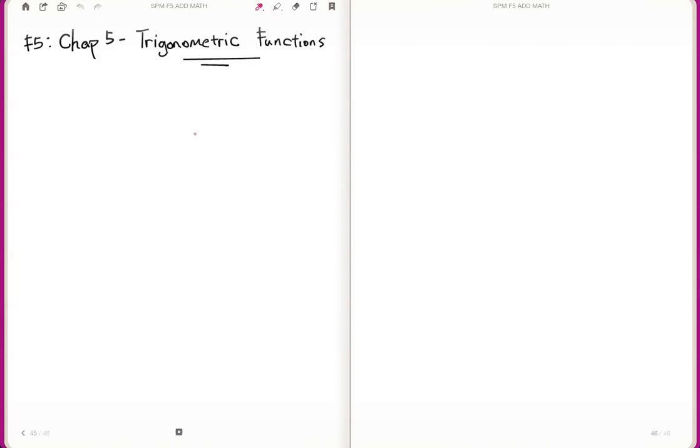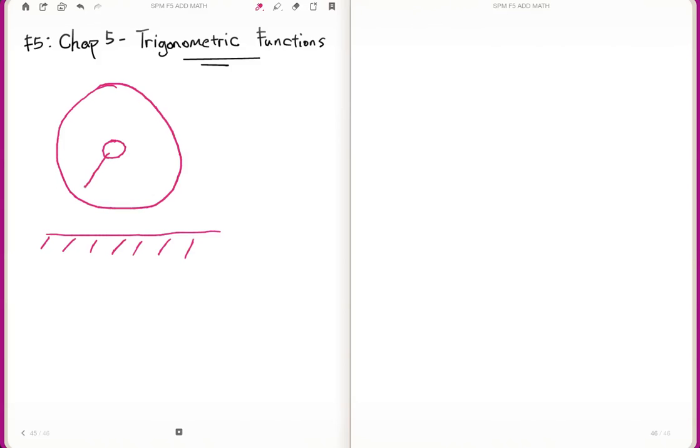Now, to get the concept right, let me give you an analogy. Say you have the Eye of Malaysia. Last time we had this. This is the base, and this is the Ferris wheel, or the circle, with the supporting beam supporting it over the ground. Then you have all the cables to hold the cabins.